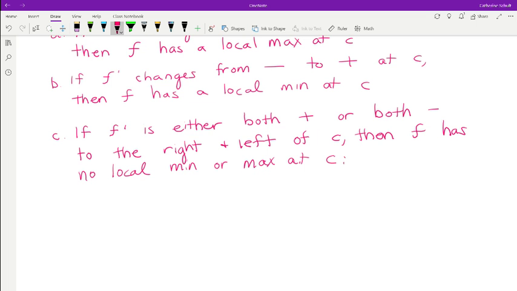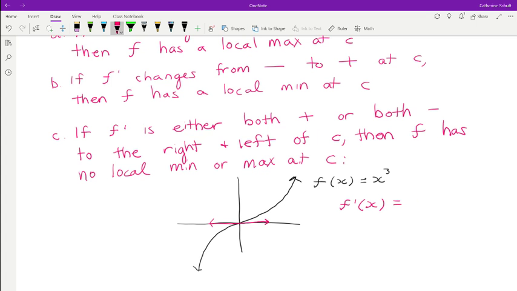All right, so if you guys remember the graph of x cubed, it goes something like this. This is f of x equals x cubed. And then right at 0, we have a critical number because the slope is 0, okay? But there's clearly no min or max right there. And if we investigate a bit more, the derivative is 3x squared. So we can see that x equals 0 is the critical number because f prime of 0 is 0.